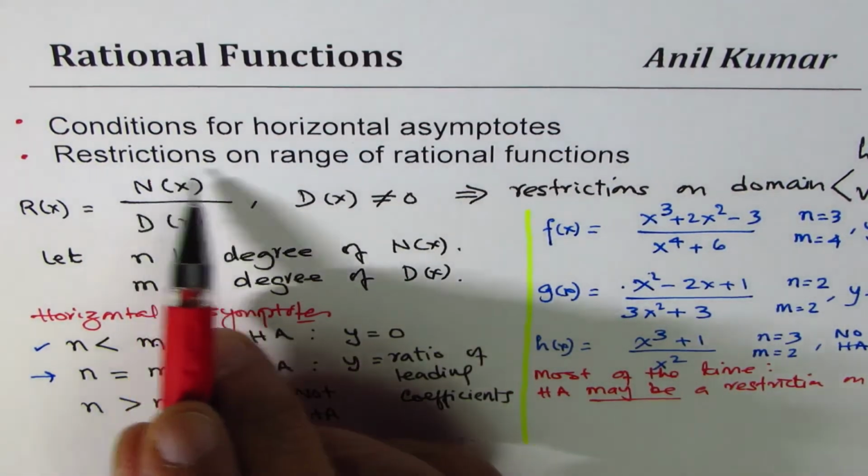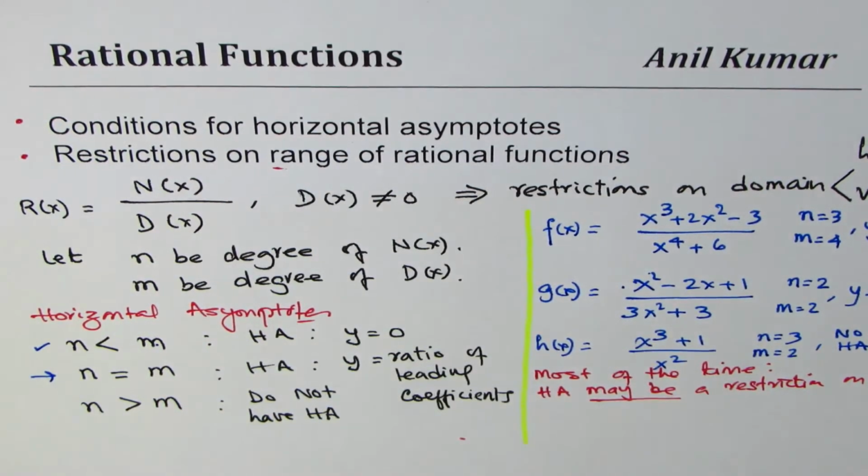So that is how restrictions on range are related to horizontal asymptotes, but not necessarily. Let's be very clear about it. That is important to understand. But I hope with this example you got the basics.